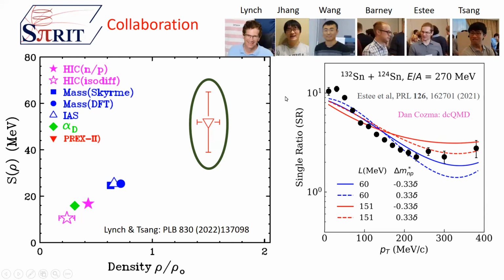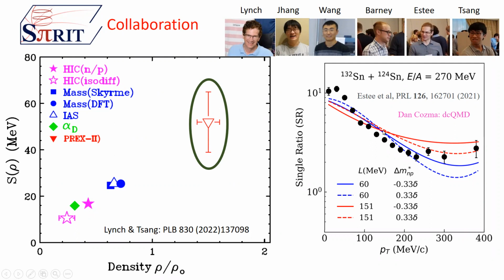So we got the data, and we plotted the pi minus over pi plus ratio. This is for one system, 132 and 124, as a function of PT. As you can see from the DCQMD calculation by Dan Postma, the low density part is not that sensitive to the different, see here I show 4 different calculations with 2 different L and 2 different effective masses.